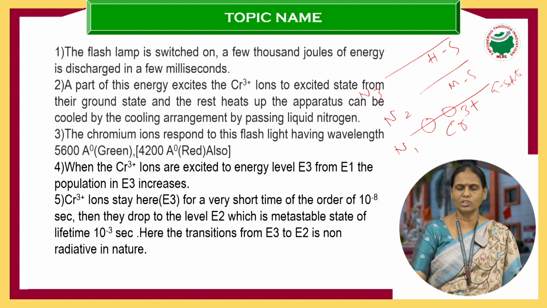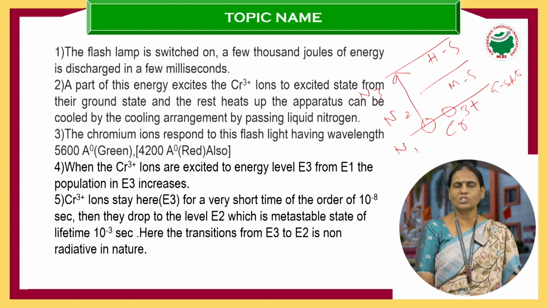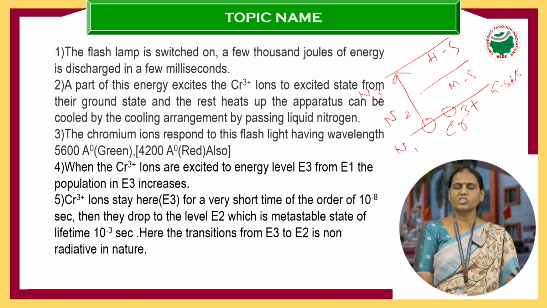That heat energy is supplied to the chromium atoms present in the lower energy state. Once the chromium ions receive the energy, they absorb it and jump to the higher energy state. Here the higher energy state is the H state. So the atoms from the G state jump to the H state.